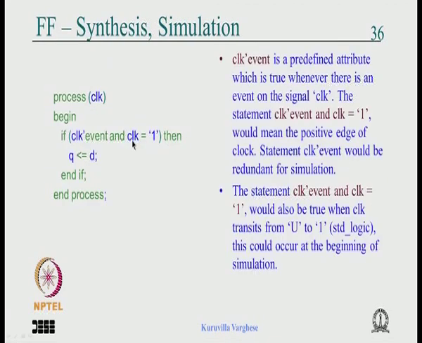That is exactly what is done by this code: process clock, begin, and instead of clock is equal to 1 you write if CLK'event, that is a clock tick event, and clock is equal to 1, then Q gets D. This means any event on the clock, any change on the clock. For us this is sufficient because we are checking some event and clock is equal to 1, then it's a positive edge. Maybe some other things can happen, I will say in a moment. Q gets D, end if.